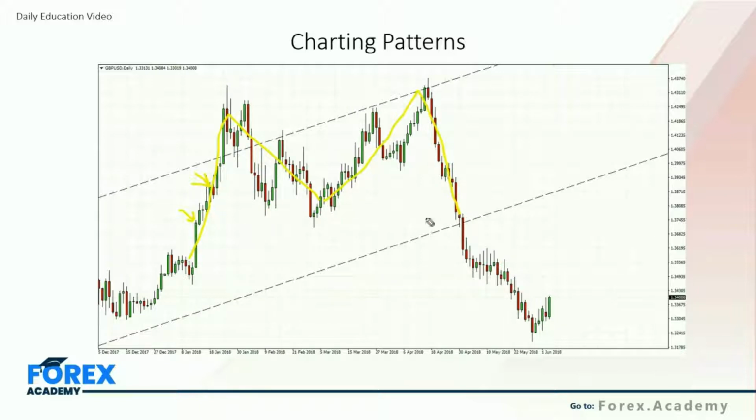And then when that fails, the channel fails and breaks out, there's another trend to the downside. So just try and factor these charting pattern structures into your overall trading, of course, whilst at the same time looking at the candlesticks, and of course use your fundamental knowledge of the markets as well as technical analysis to add that technical confluence and informational influence to your trading.